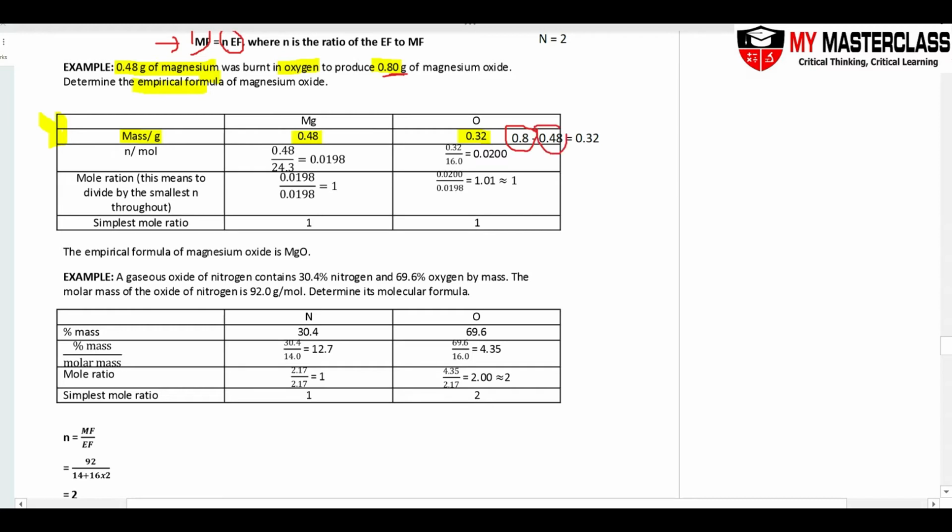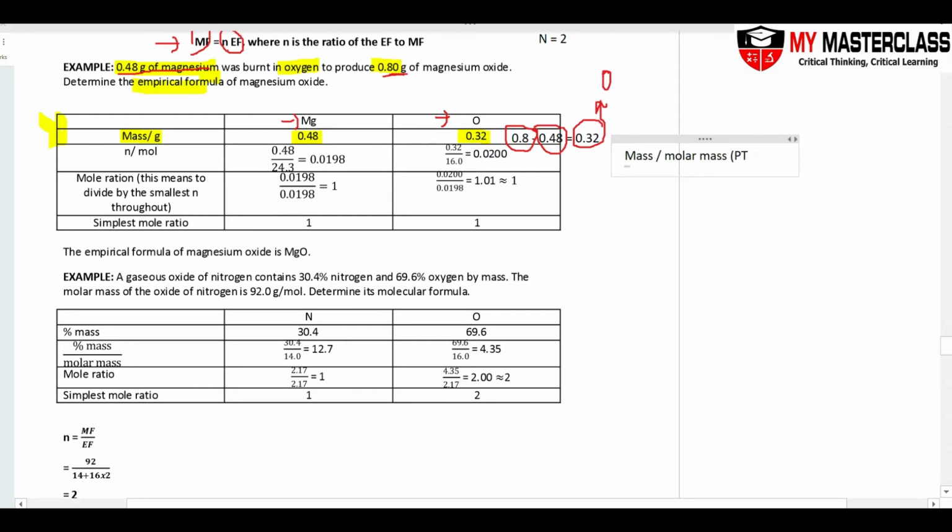The compound is 0.8 grams of magnesium oxide over here. 0.48 is magnesium, so the balance has to be oxygen. So your elements go on top, magnesium and oxygen, and then the mass. Once you have the mass, apply the formula mass over molar mass.